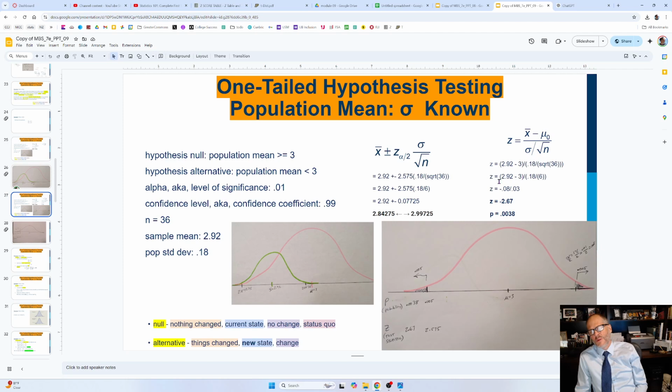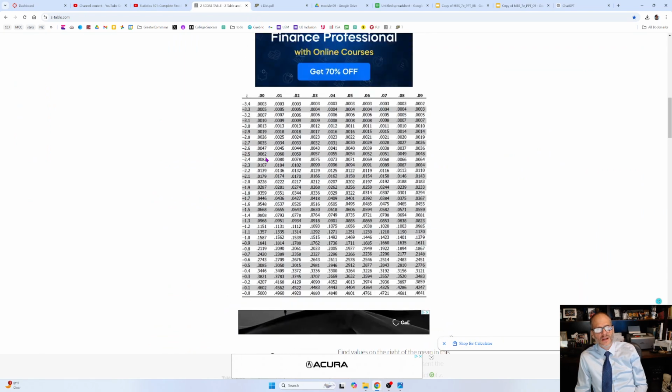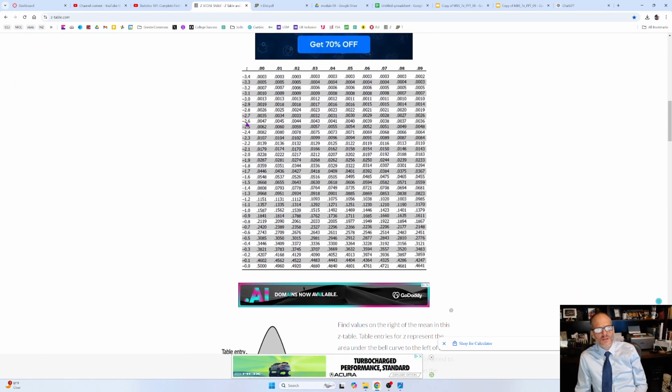When we do all that, we get z is equal to negative 2.67. Well, negative 2.67, if we go and look at our z chart here, negative 2.6, and bring it out to 7, is 0.0038.